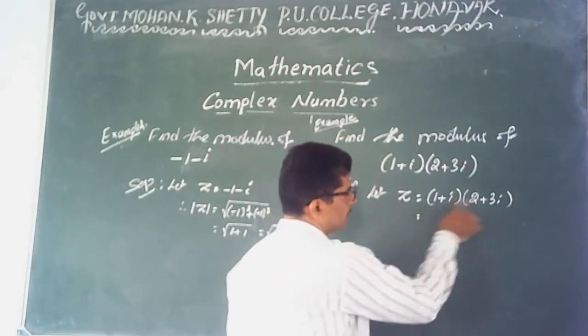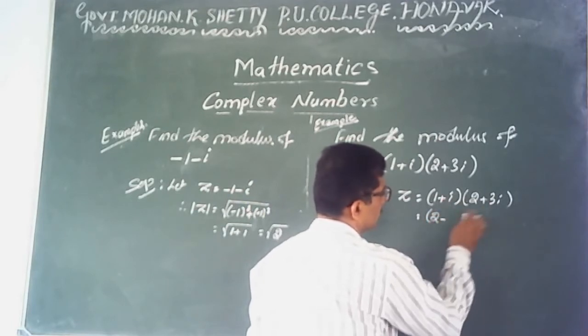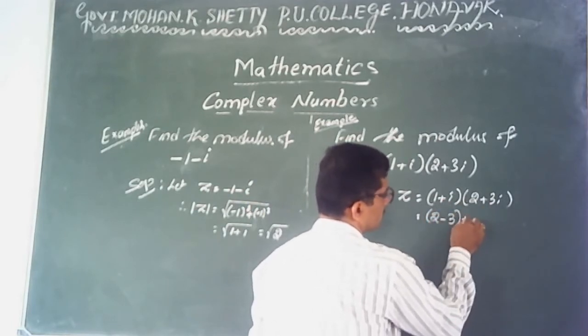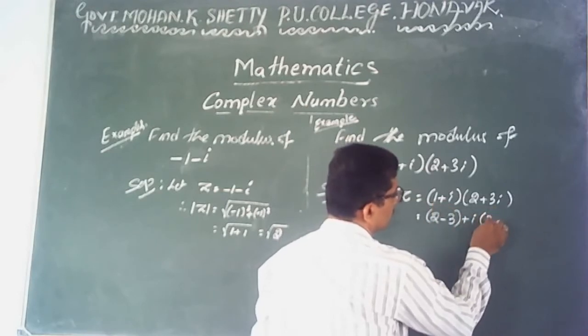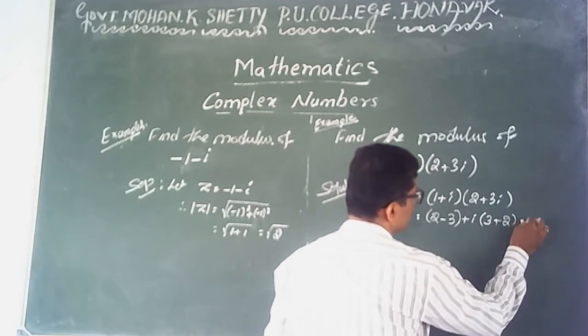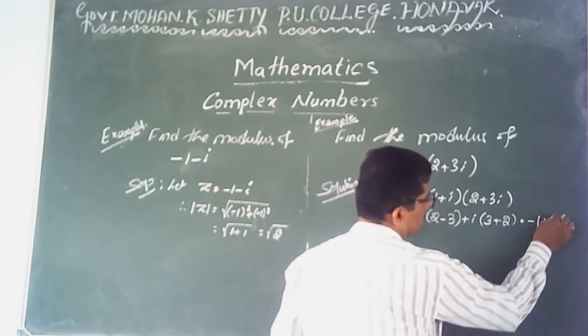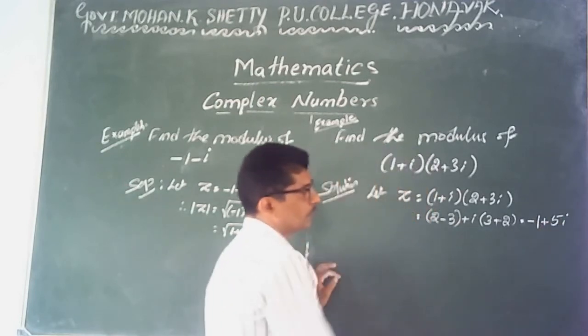That's clear. Its value is equal to 1 into 2 minus 1 into 3 plus i into 1 into 3 plus 1 into 2. It means you get its value is minus 1, 2 minus 3 means minus 1, plus 5 into i or i into 5.